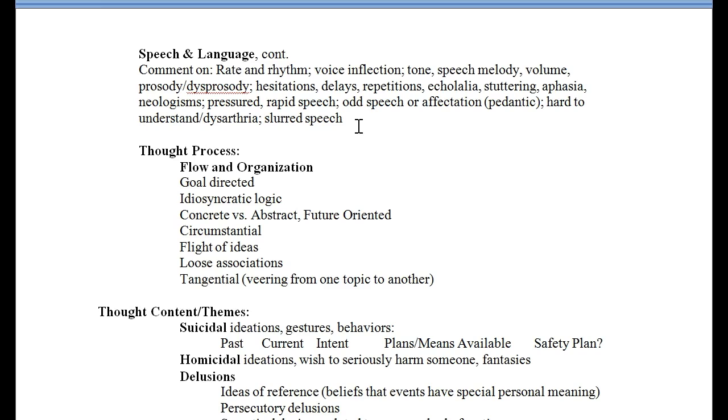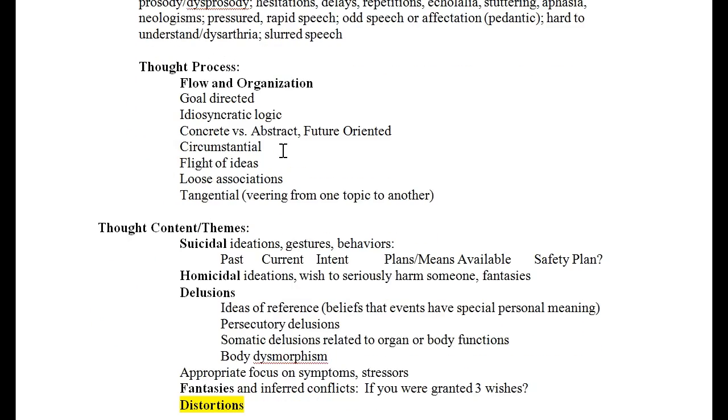There are 2 parts to the thought process, or thinking. There's thought process, and then there's content and themes. So these are the things you want to be thinking about in terms of thought process. Is somebody linear in their thinking, goal directed? They can start with a thought and finish a thought, or are things getting in their way?